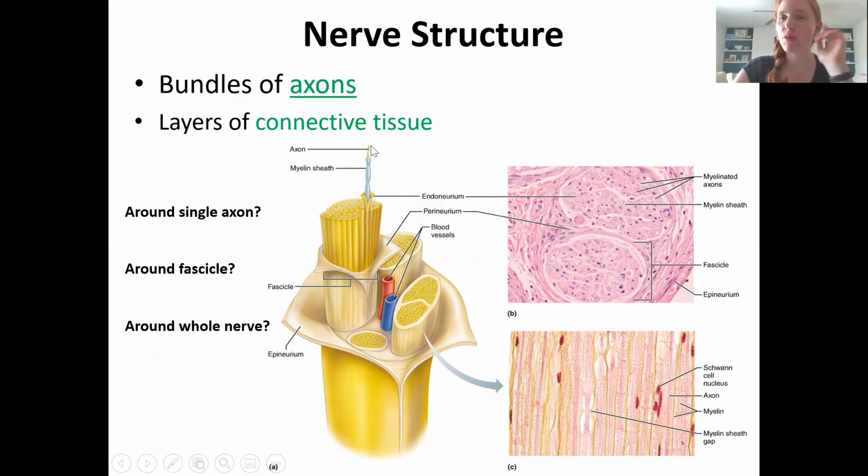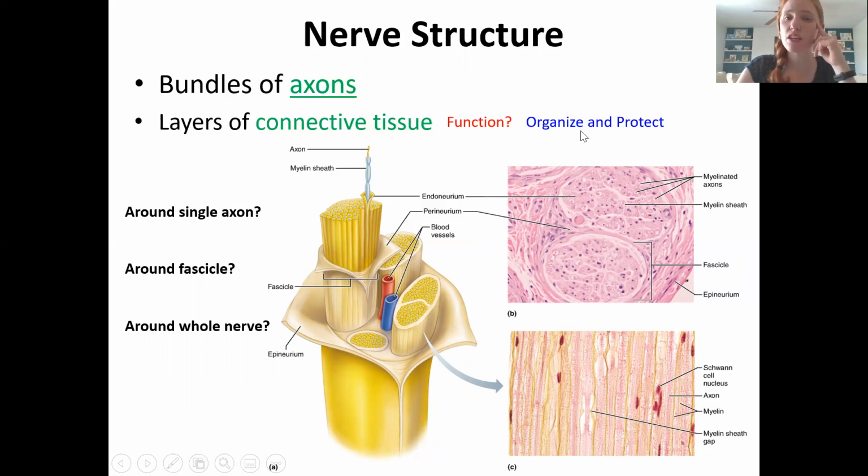Okay, so channeling back to the muscle lecture, what was the function of those connective tissue layers? Right, so there's two parts here. One is to simply protect them. You want to make sure that these very delicate long cell extensions are protected.